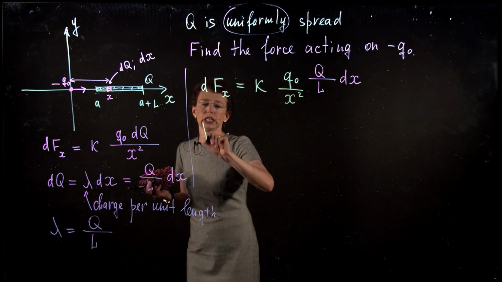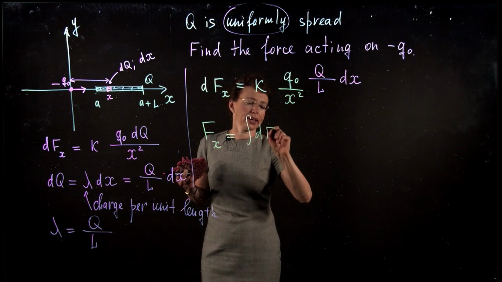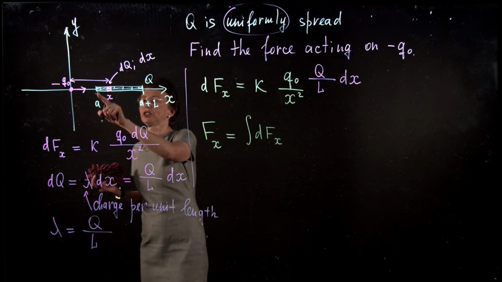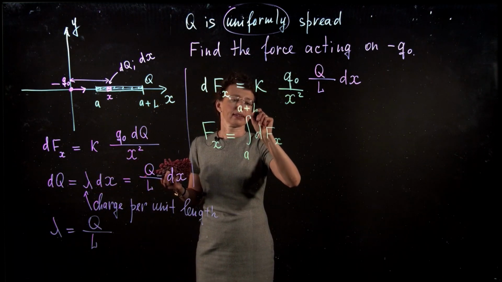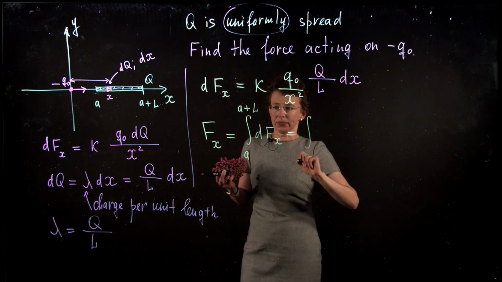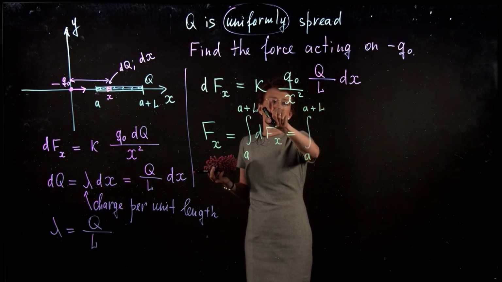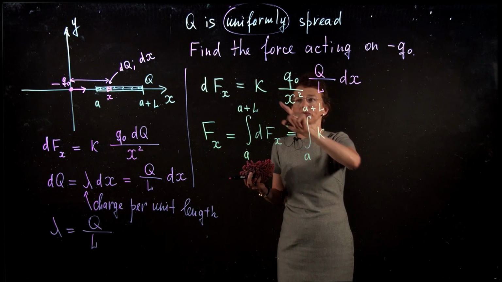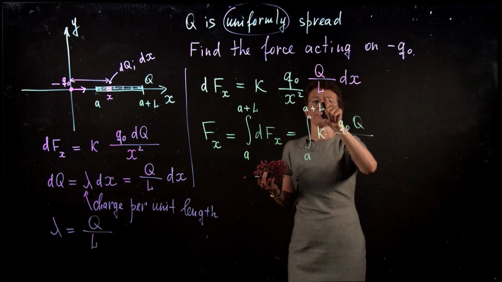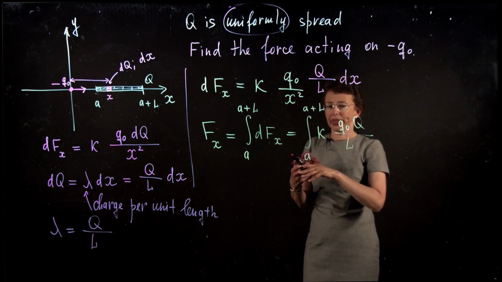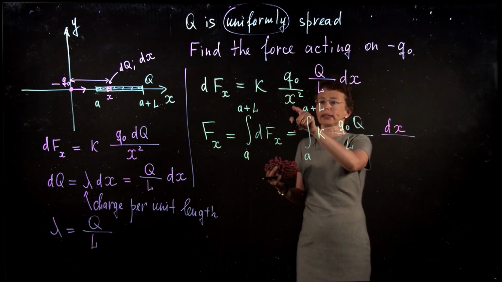All we need to do is integrate dfx from a to a plus L. Constants, I will write constants first: k, q naught q divided by L. And then the variables are right here. It is dx over x squared.